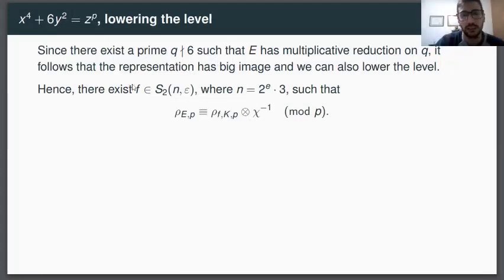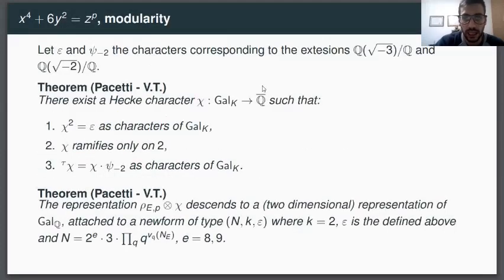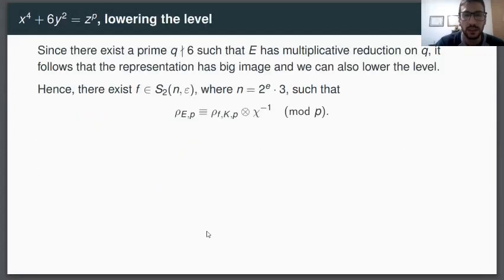So there exists a newform f of weight 2 and level N equal to 2^e times 3, where e was 8 or 9, such that the representation of the newform is isomorphic to the twist of the representation of the curve.